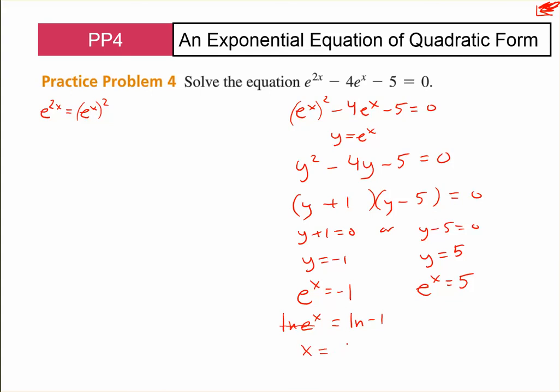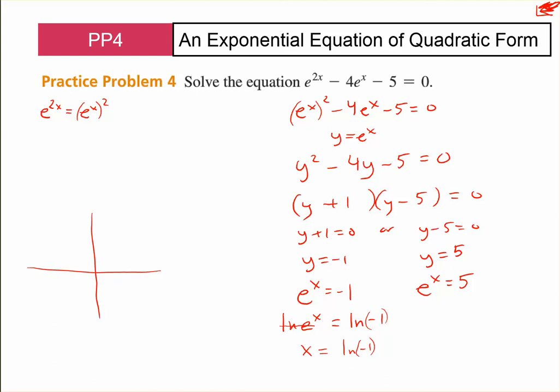But before we go on here, can you punch this in on the calculator? What's ln of -1? There isn't any.